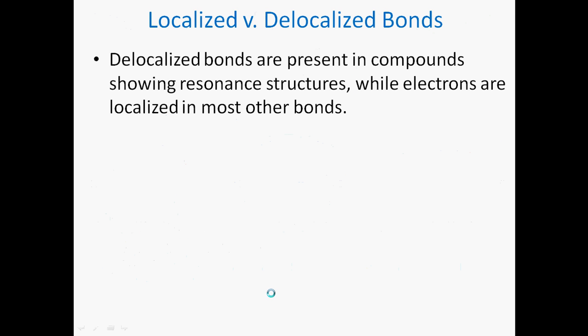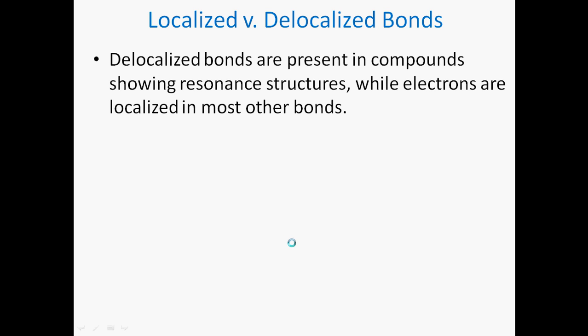Now moving on to delocalized versus localized bonds. So whenever there is a double bond present, you know there is a sigma and a pi bond. In some molecules, you see resonance. If you recall, resonance is a phenomenon where there is a traveling double bond, or you can have more than one correct Lewis structure.